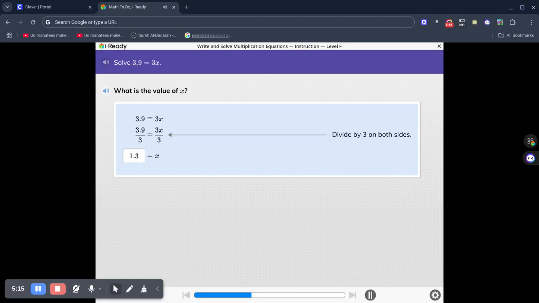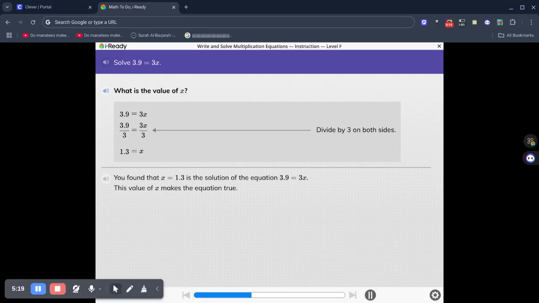Well done. You found that x equals 1 and 3/10 is the solution of the equation 3 and 9/10 equals 3x. This value of x makes the equation true.